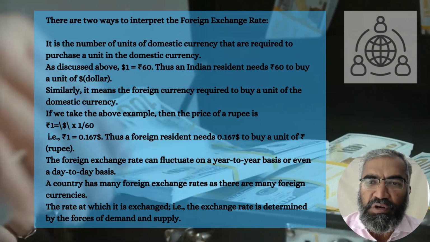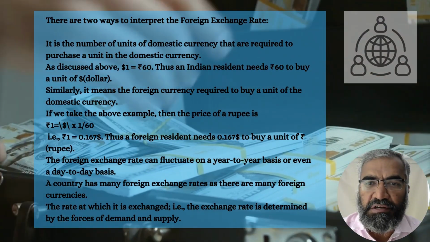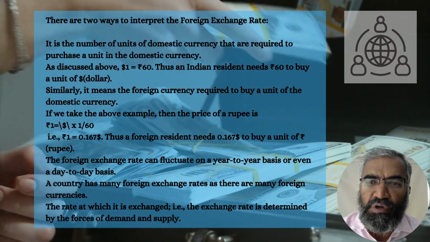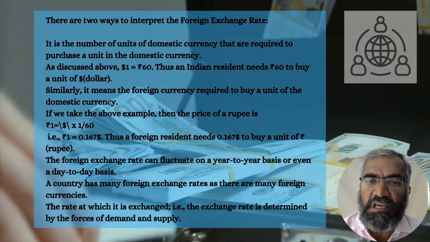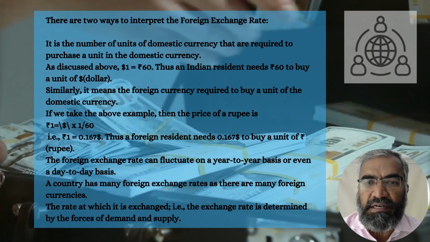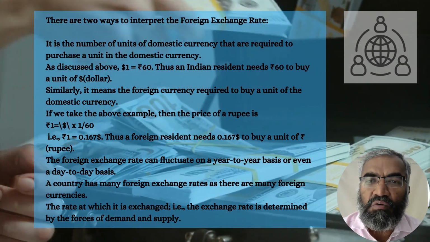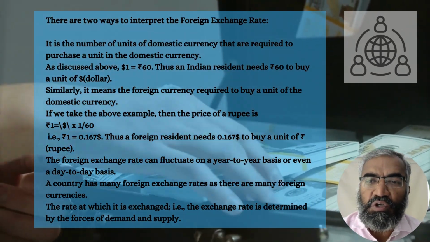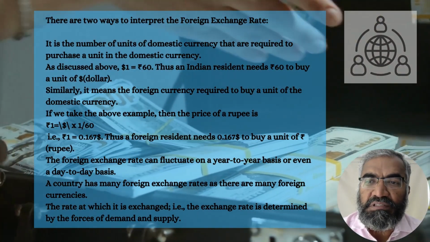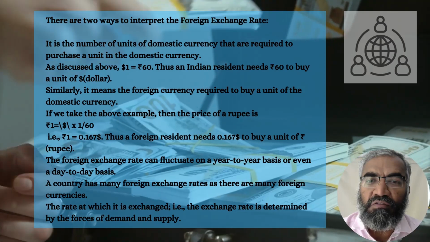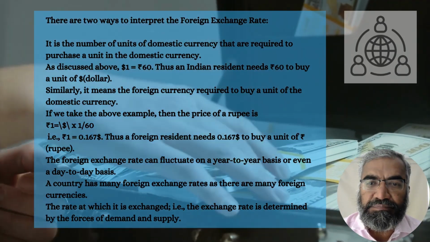There are two ways to interpret the foreign exchange rate. It is the number of units of domestic currency that are required to purchase a unit of foreign currency. As discussed above, $1 is equal to 60 rupees. Thus, an Indian resident needs 60 rupees to buy a unit of US dollars.